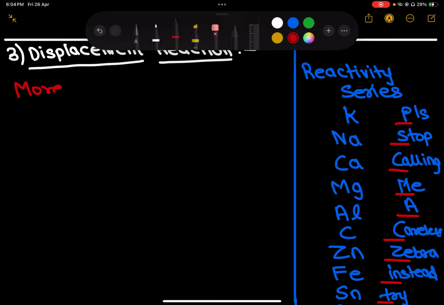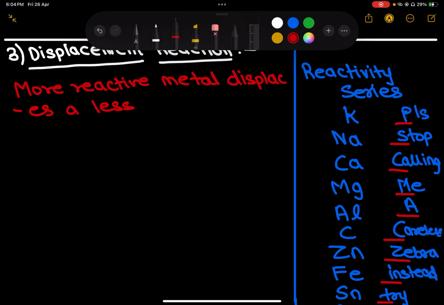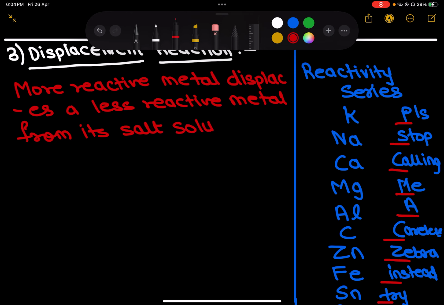A more reactive metal displaces a less reactive metal from its salt solution. So let's see some examples here.